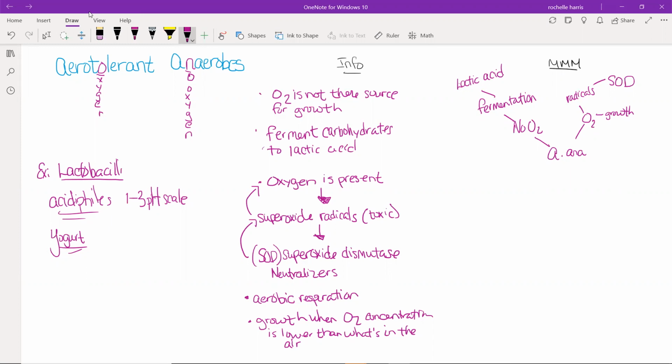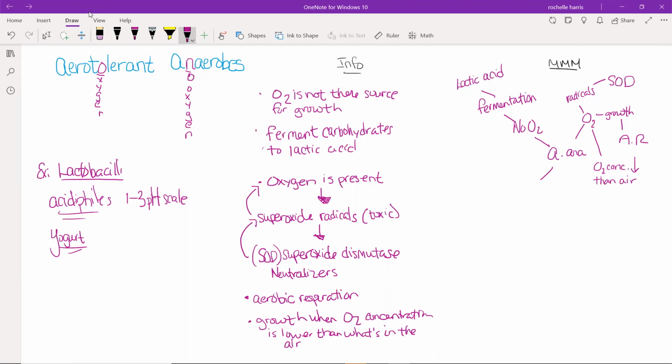And then we also see aerobic respiration, and that's the oxygen in the air. Oxygen concentration has to be lower than air.